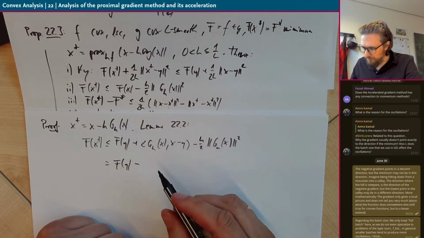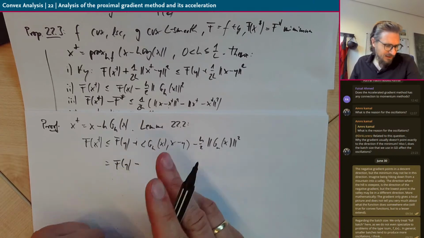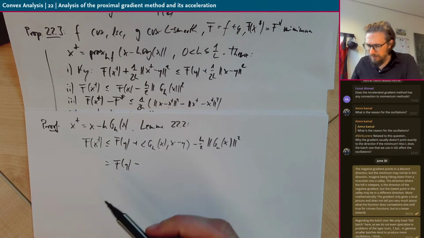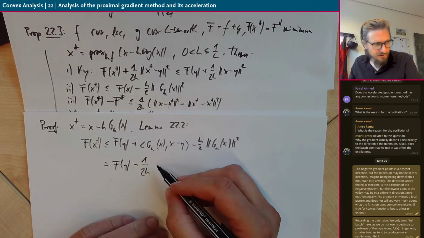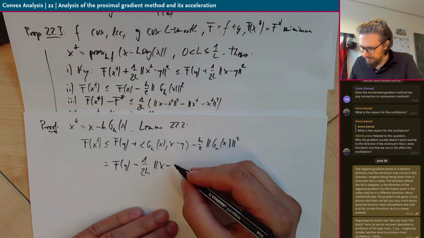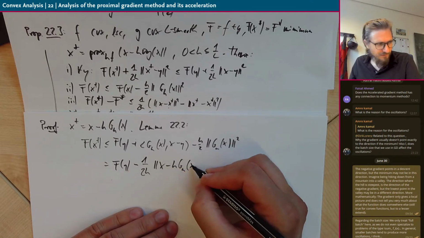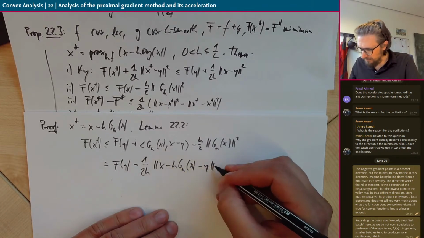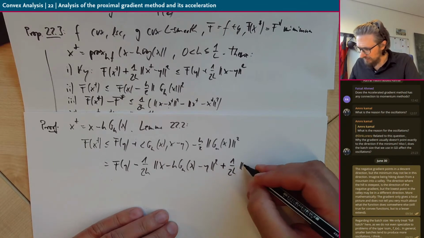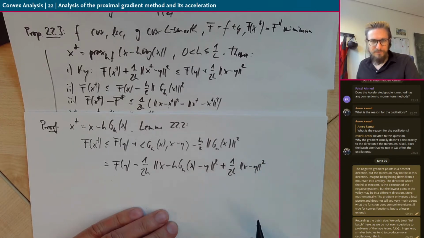If we do this completion of the square, we have again t has to be in h once again, 1 over 2h times x minus y squared. And so what we had to add was 1 over 2h x minus y squared.